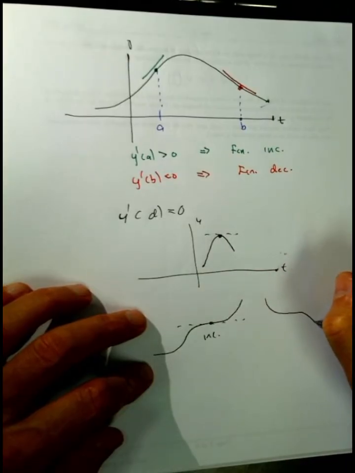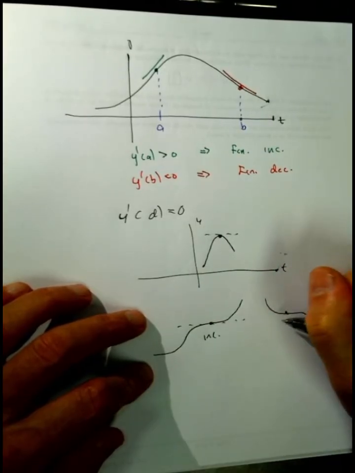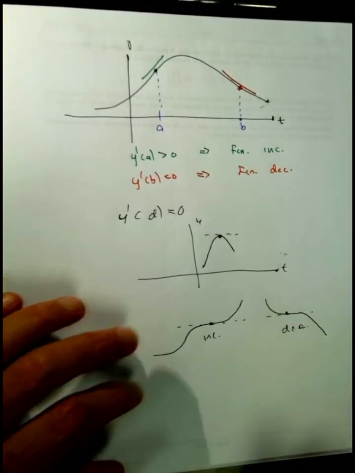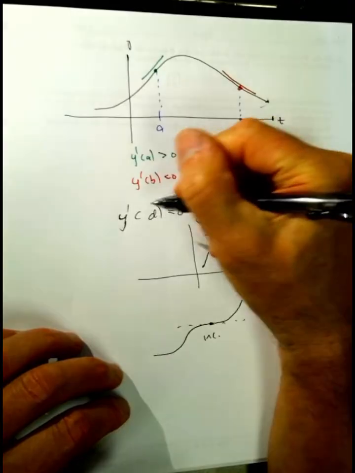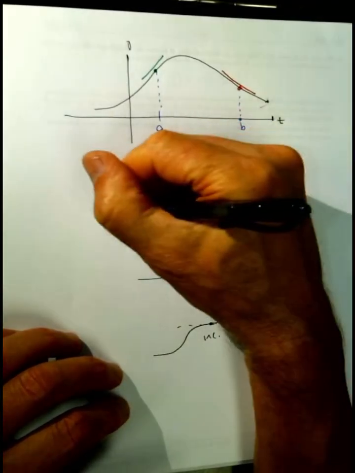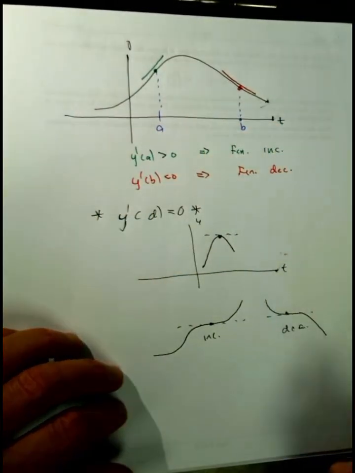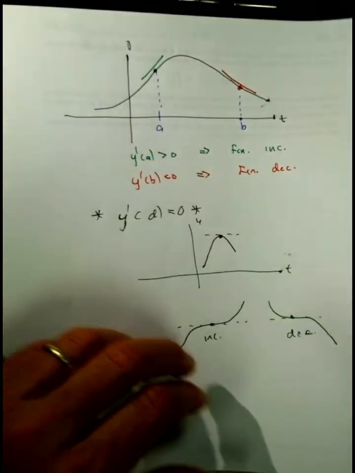And likewise, I can have a situation like that where the derivative is 0, but it's a decreasing function. So the y prime equals 0 case is something we have to be a little bit careful about.